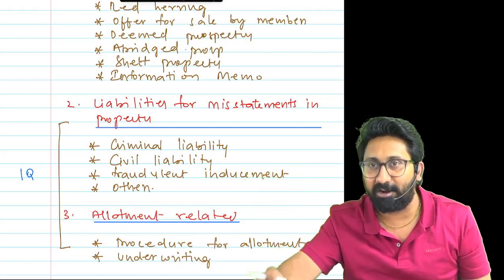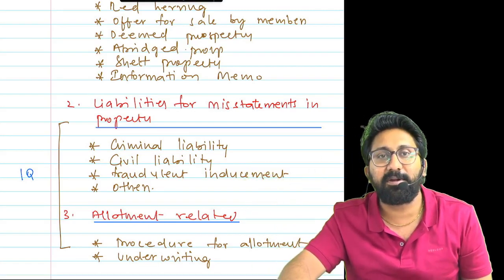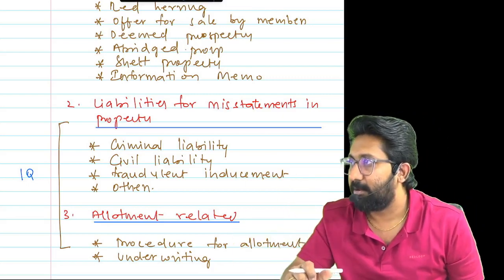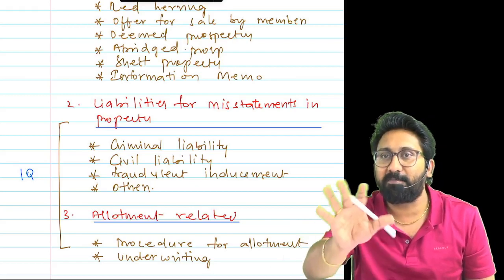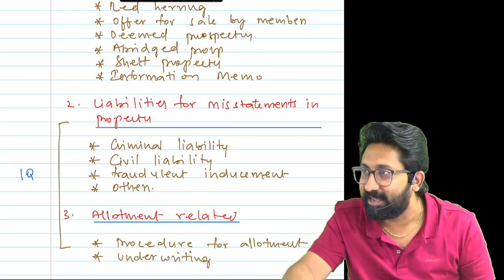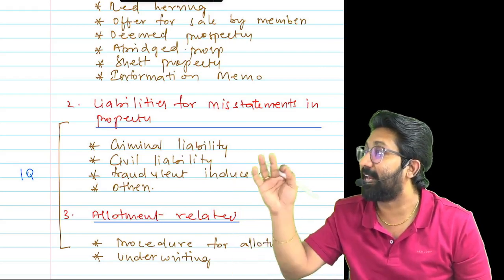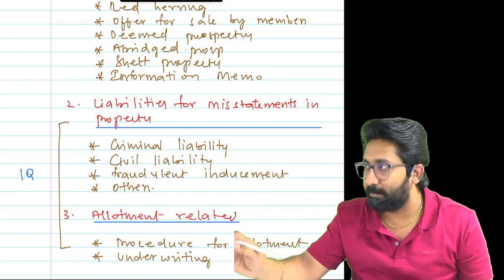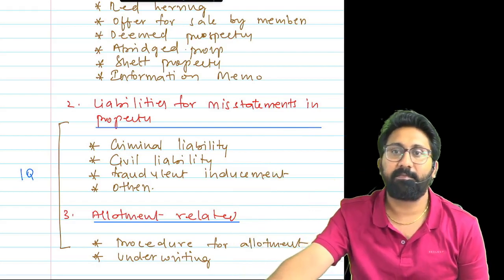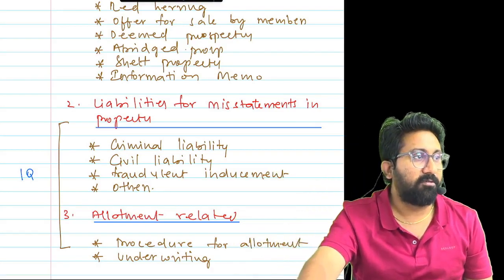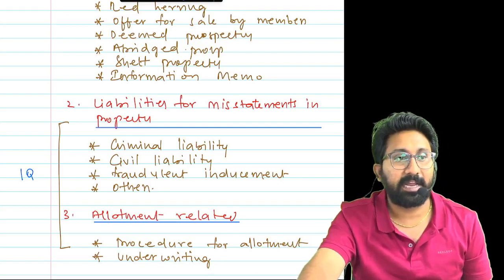That is a normal allotment content. Allotment of securities, all these things, everyone will read. The problem in this chapter is not with allotment procedures. The problem is with the types of prospectus. That's why, in the examination, if you take 10 question papers, prospectus will be there in all 10 papers. In 6 of the 10 papers, you will find questions coming on types of prospectus.